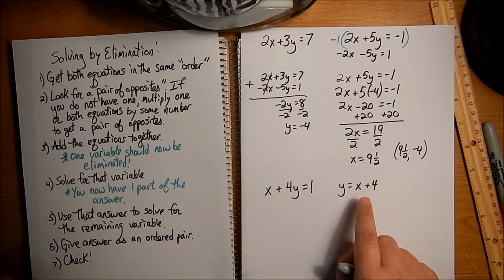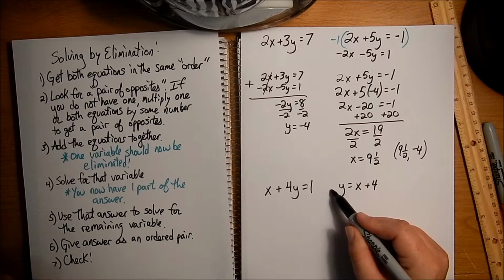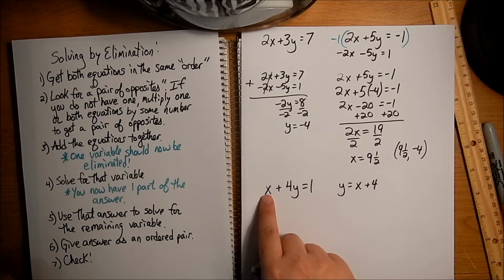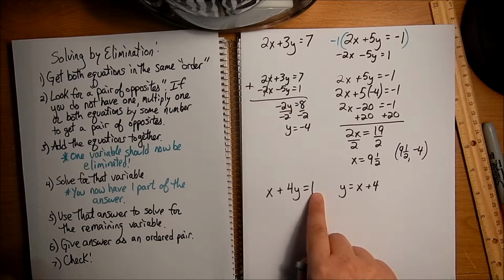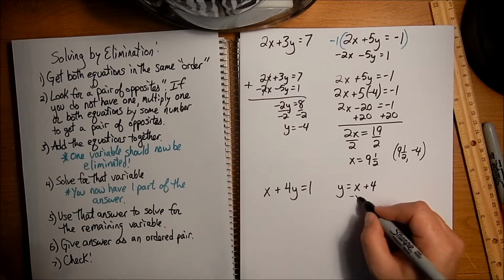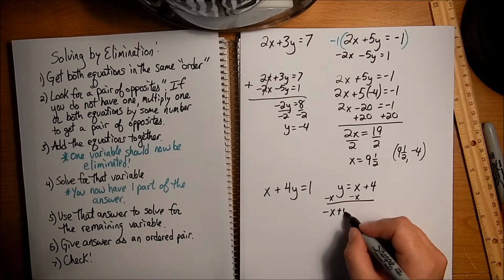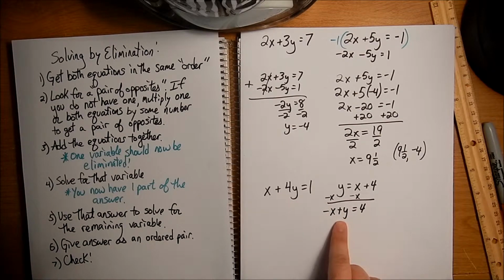So what I'd like to do to get them in the same order to even begin, I'm going to subtract this x so that I have both x and y on the left-hand side. I could have just as easily subtracted the x over here, so I just had y on the left and then x and the number on the right. But I usually like to keep it in standard form, so I'll subtract x from both sides. -x plus y equals 4. So now they are in the same order, so step 1 is done.